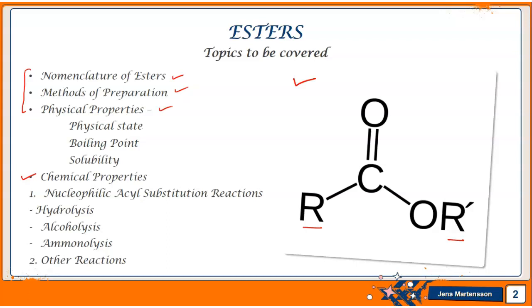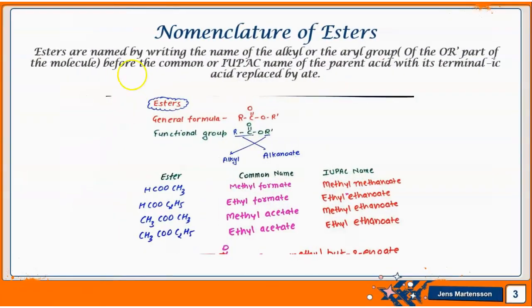Whenever you do your functional group detection in the lab, you identify your esters via fruity smell. Whenever you obtain a fruity smell in your respective test in the lab, you are going to say that these are esters present over here. Okay, so its characteristic feature is the presence of a fruity smell, correct? And they are the most important class of acid derivatives that we are going to take up today.